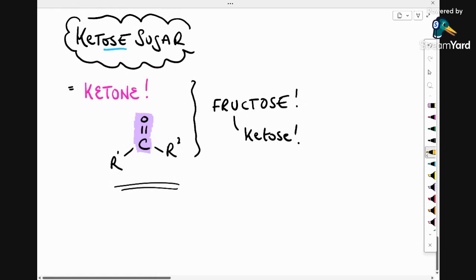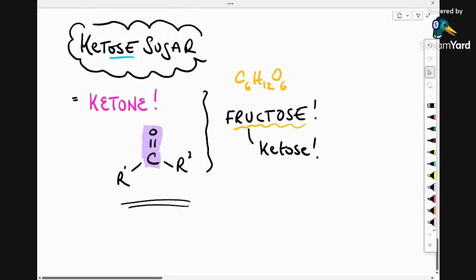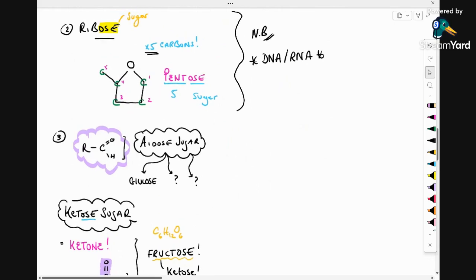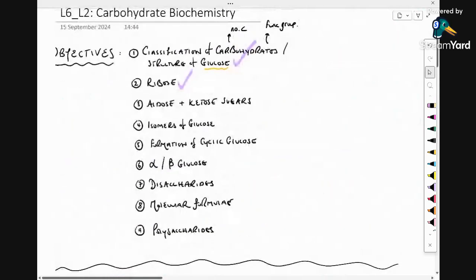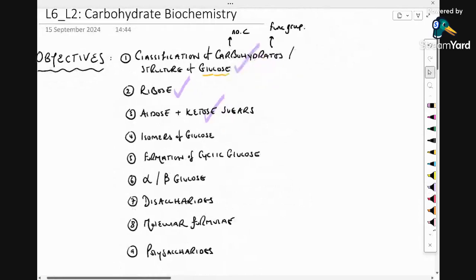But the sort of more astute of you will recall, it is actually an isomer of glucose anyway. So fructose actually has the same molecular formula as glucose. That's all I'm going to say on that for now. It will come back later on. So that's aldose and ketose sugars done.